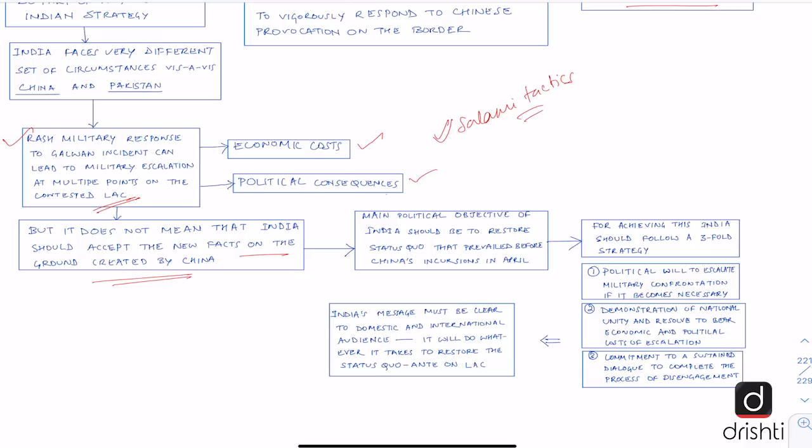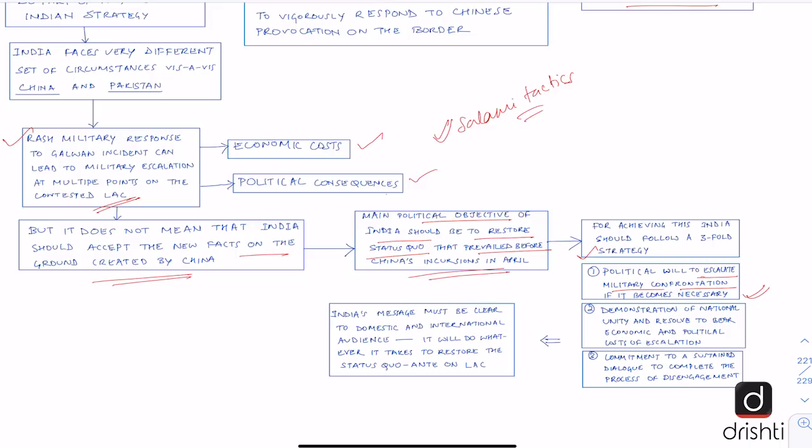And the editorial says that the main political objective of India should be to restore the status quo ante that prevailed before China's incursion in April 2020. And for achieving this, India should follow a threefold strategy. First of all, India must show a political will to escalate military confrontation if it becomes necessary. India should not shy away from it, but India should not force this.